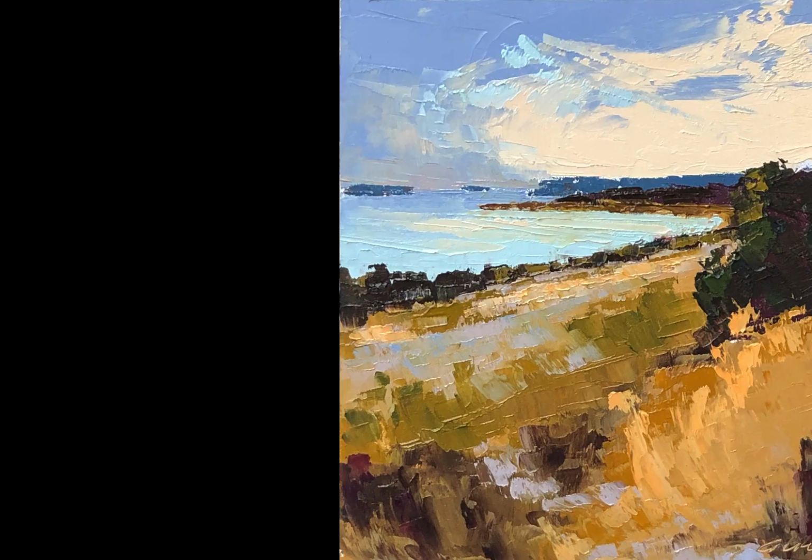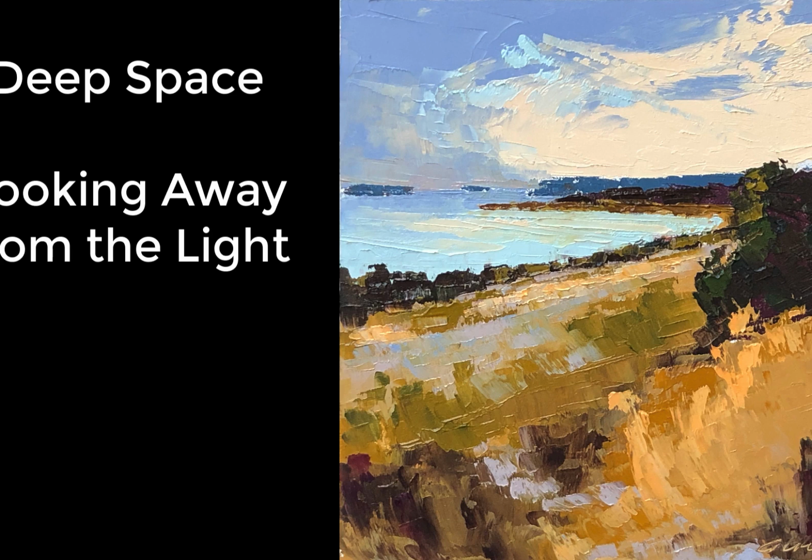In this painting, we've got a really strong sense of deep space. The light is behind us. We are looking away from it. The objects that are closest to us in the foreground have a wide range of contrast in value, all the way from light to dark, all the way from bright to dull, the full range of the color wheel or the spectrum, and we also have the full range of temperatures.